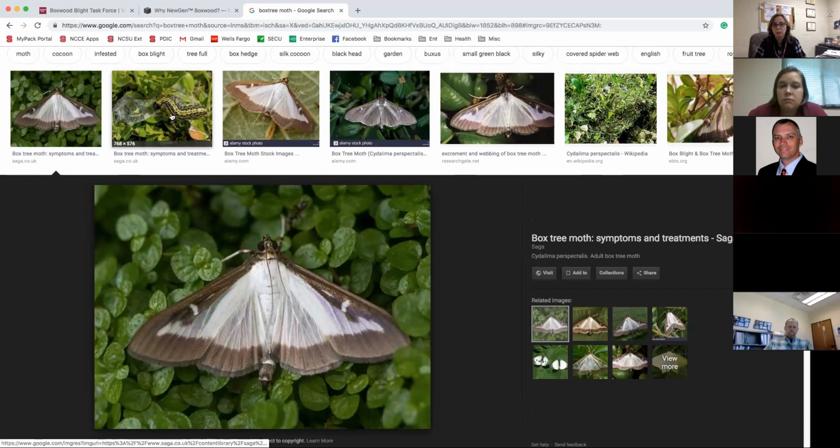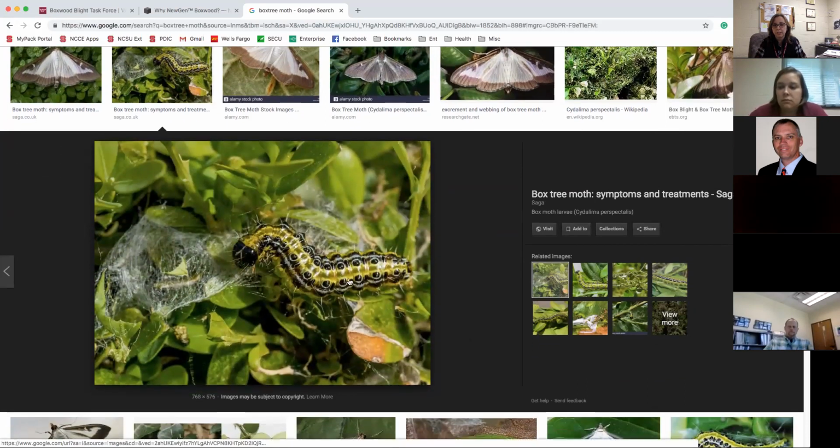So that's the adult, and here is the larvae, obviously with the webbing, and it'll cause frass and chewing. This is really going to be the only pest that's going to cause chewing damage on a boxwood. So keep an eye out for it, and hopefully, fingers crossed, we won't see it.